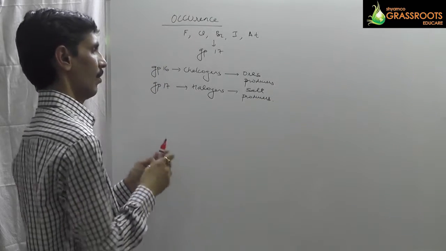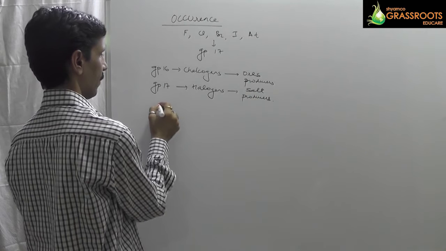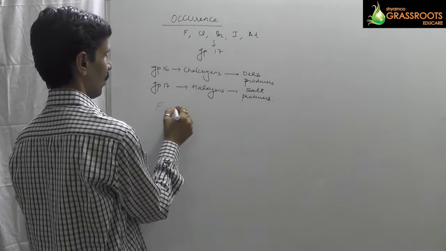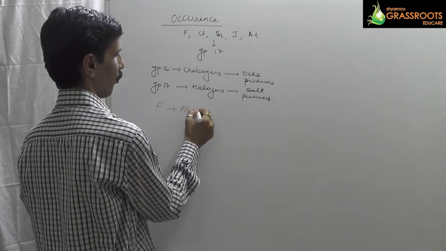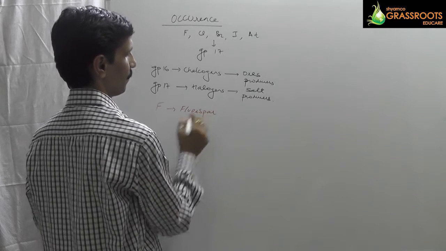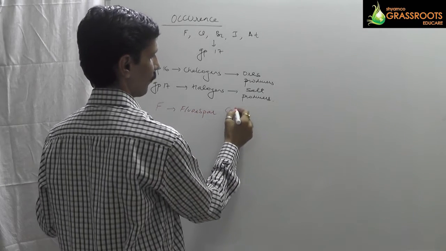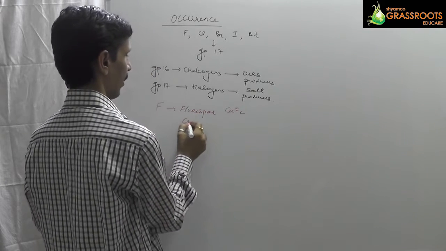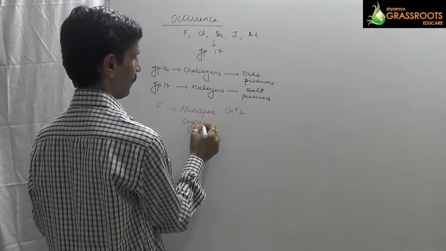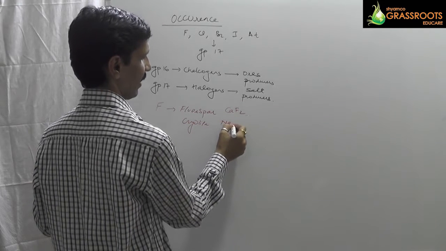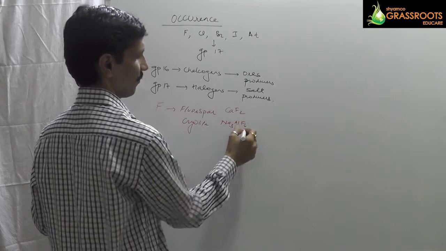Now when you just talk about fluorine, fluorine can be in the form of fluorspar, that is CaF2. We also have cryolite, Na3AlF6.